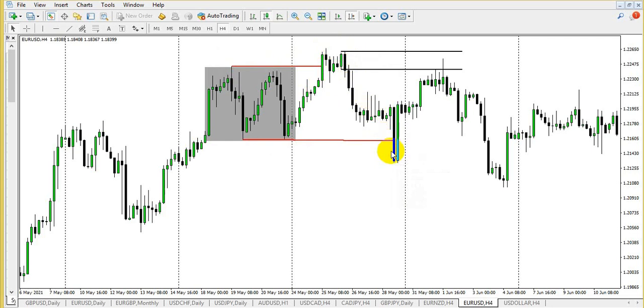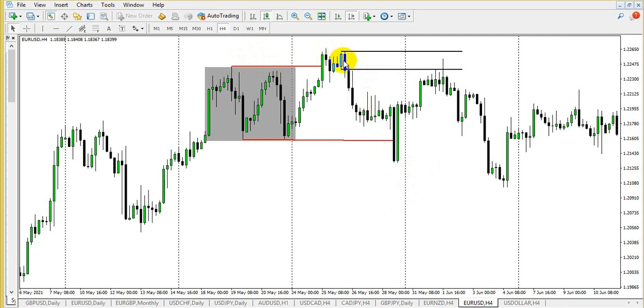I actually mean a fast move after it has taken, because the idea is that market makers don't want retail traders to recover or close early, so they turn back against them fast.